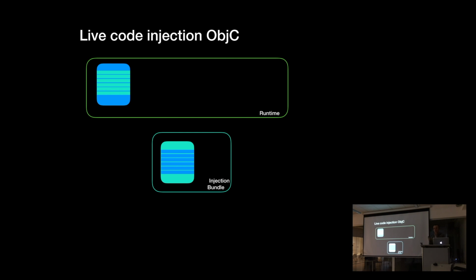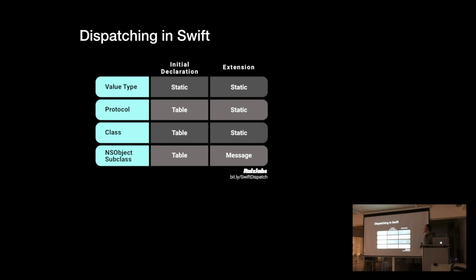Okay, now let's move into Swift. With Swift, it's not so simple because in Swift we don't have only message dispatching, but different kinds of dispatching, like table and static. If you're not familiar with table dispatching or static dispatching, I really recommend the blog post by RayLab. I will give you references at the end.